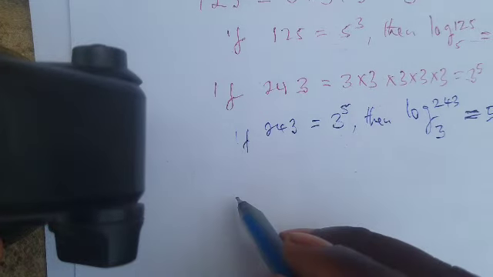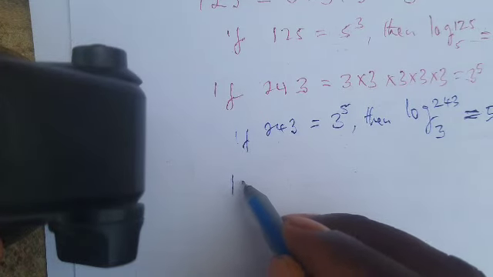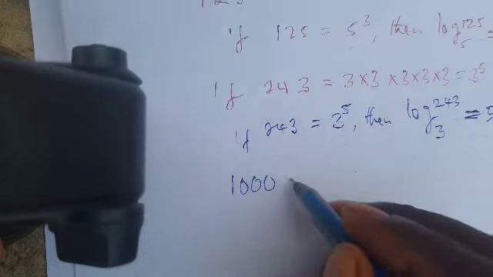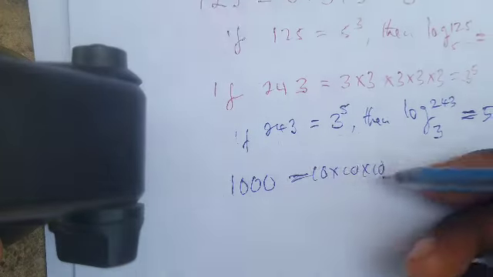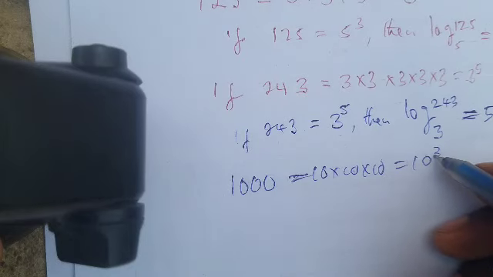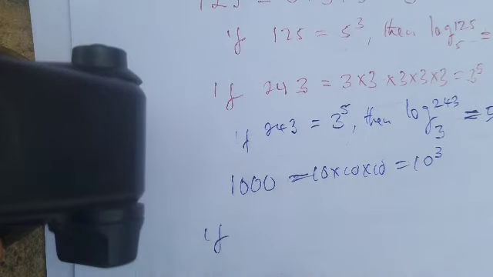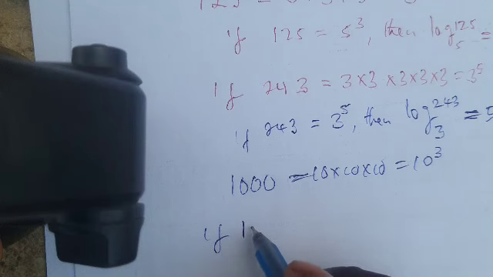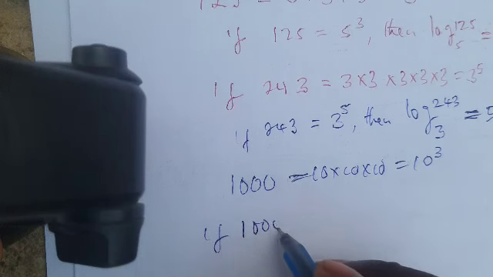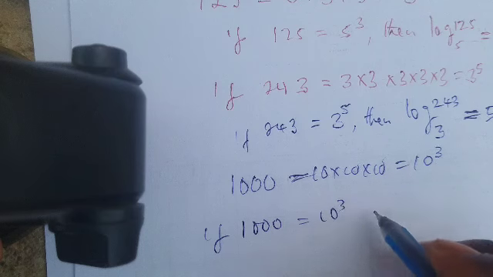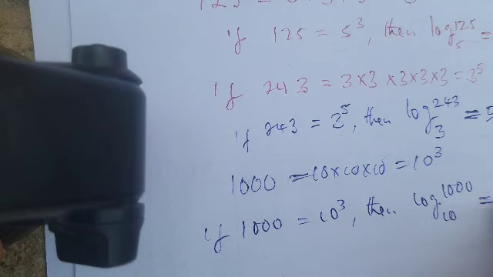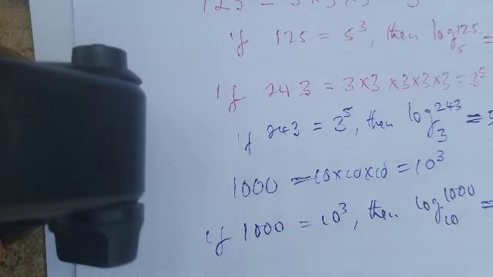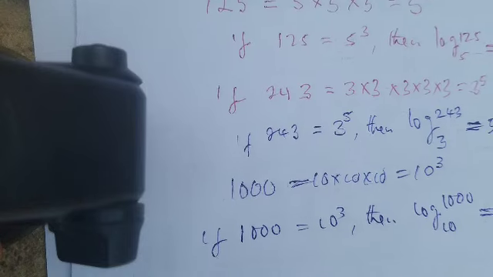And if you see this 1000, this 1000 is the same thing as 10 times 10 times 10, which is the same thing as 10 raised to 3. And if 1000 is equal to 10 raised to 3, then log 1000 base 10 is the same thing as 3.